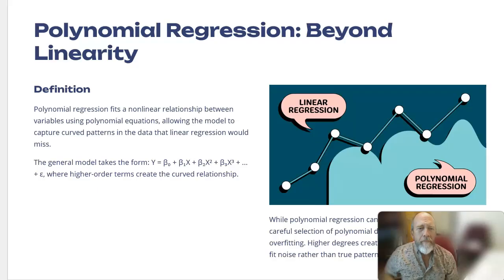So what can you do when you get beyond linearity? There's this whole field of polynomial regression, which fits nonlinear relationships. But what I want you to understand is that there are all sorts of forms of equations where you've got many, say 7, 8, 10, 20 independent variables.